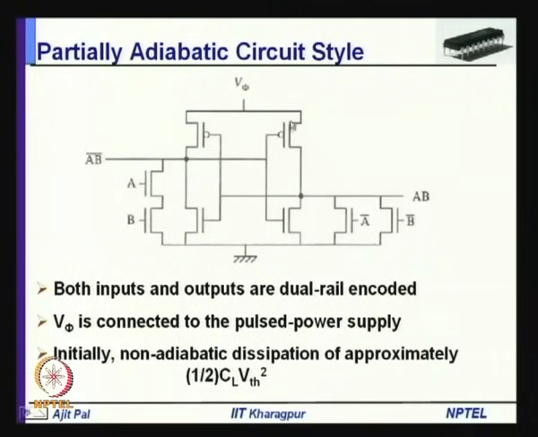That means no adiabatic charging is taking place of this node for this part of the circuit. So, this particular part of charging is taking place non adiabatically, and as a consequence there is an energy dissipation of half CL VTH square. The subsequent part of course will be adiabatic charging, that means the output voltage will follow this voltage. But the initial part will not follow, it will be as if suddenly after some time a voltage of VTH is applied here, and then it will charge from 0 to VTH in the initial part.